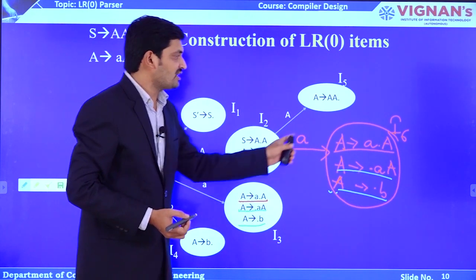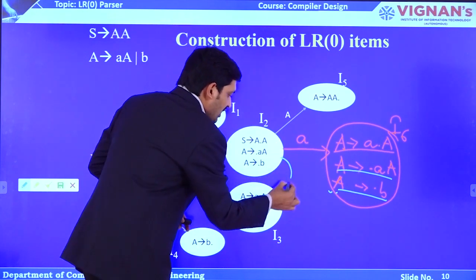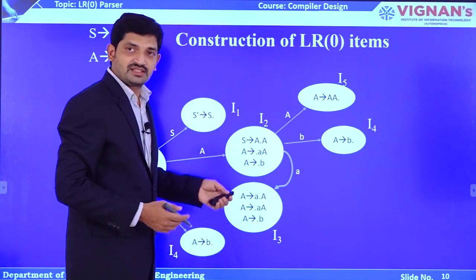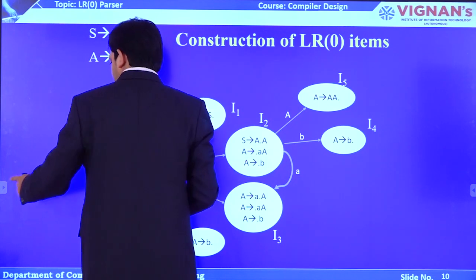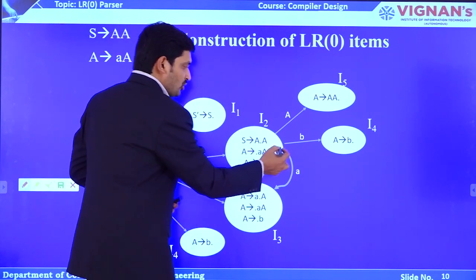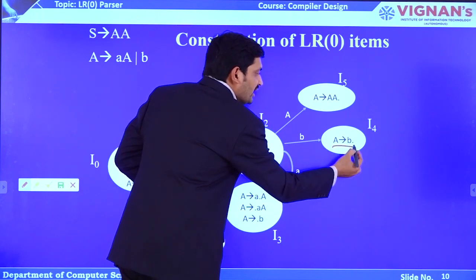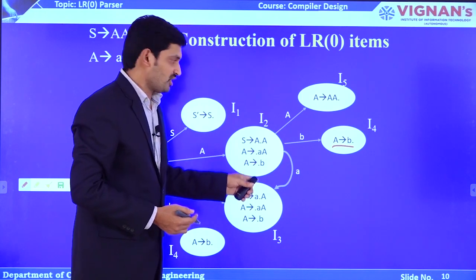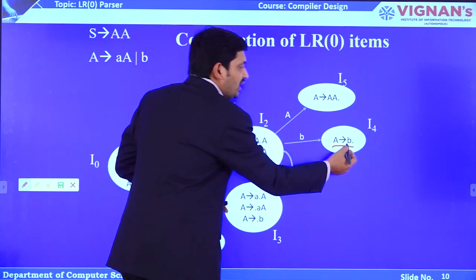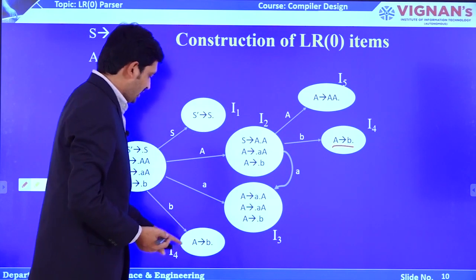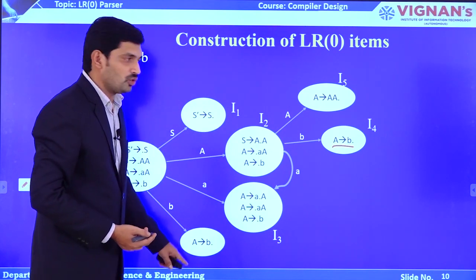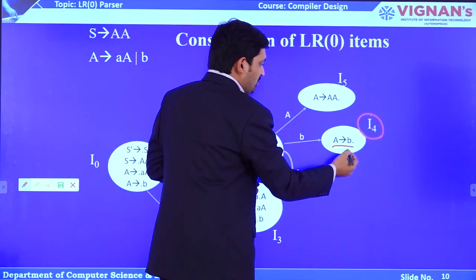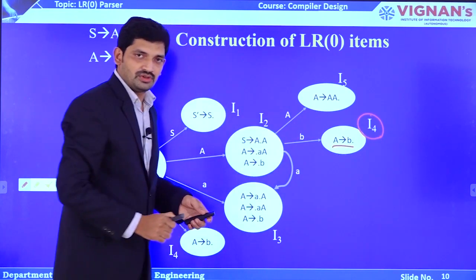So instead of writing a new state, on small a it moves to I3. Next, come to the last production: on small b, you can write A tends to b dot. Again, A tends to b dot is present in I4, so instead of writing a new name for this state, you can write I4.